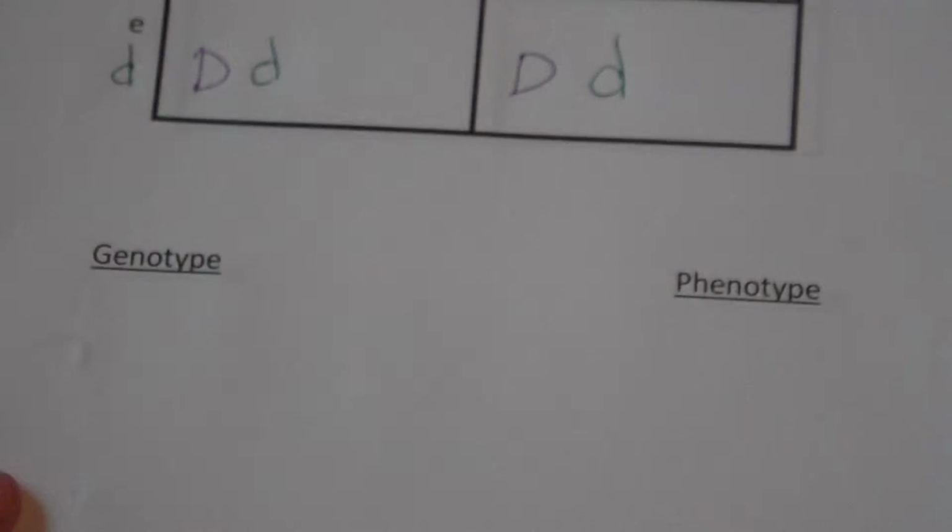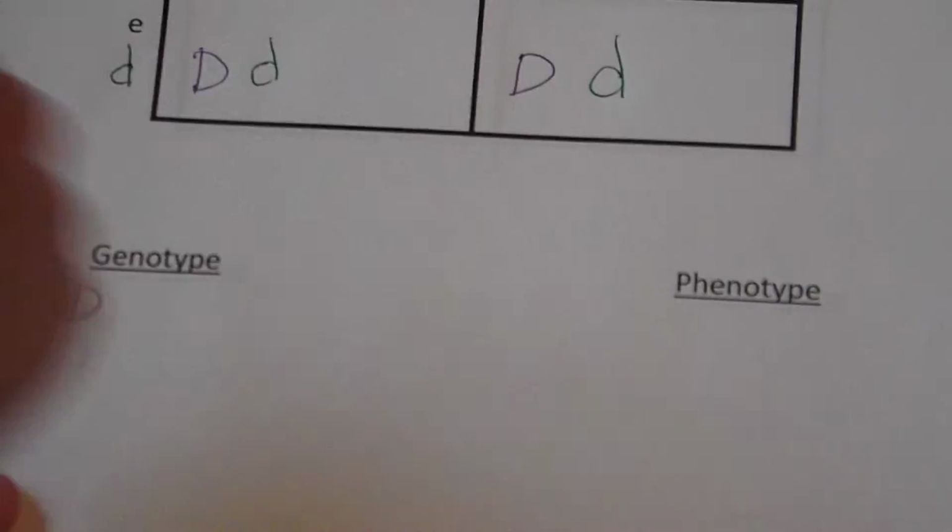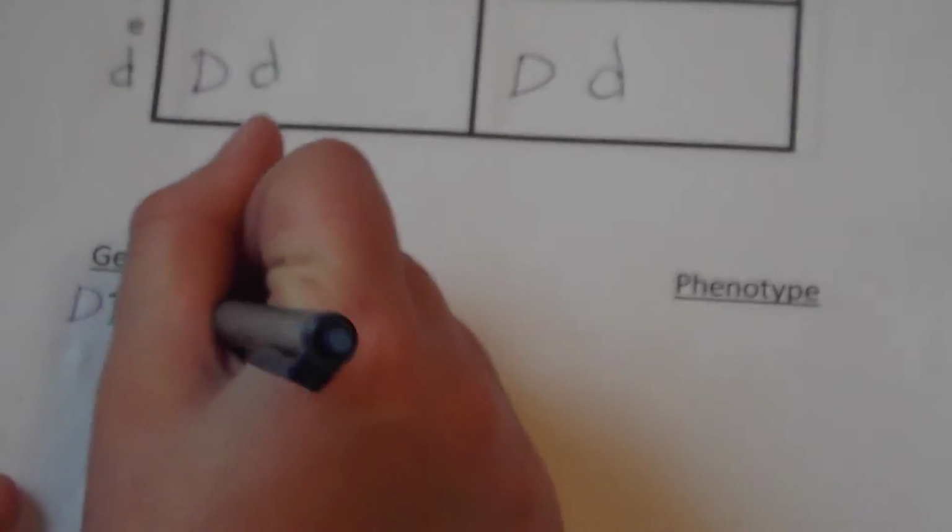You would again write the genotypes down first. There are 2 of those, so 2 tally marks, and then normal. Just write normal 50%.